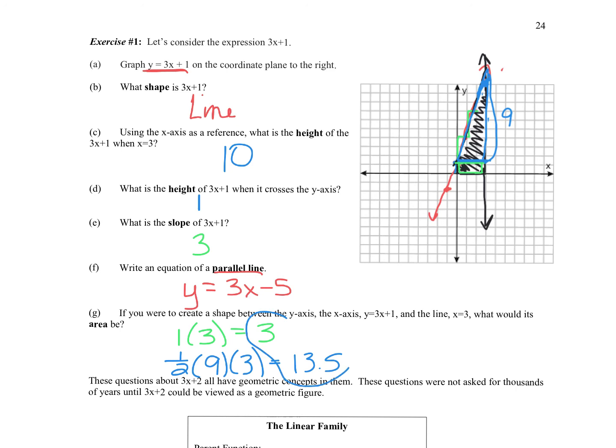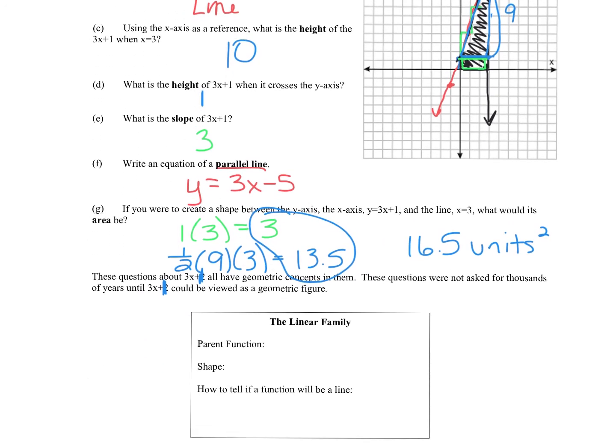So this whole shape has an area of 16.5 units squared. So these questions, and this should say 3x plus 1, I changed the equation and forgot to change it here, all have geometric concepts in them. Their questions were not asked for thousands of years until 3x plus 1 could be viewed as a geometric figure.